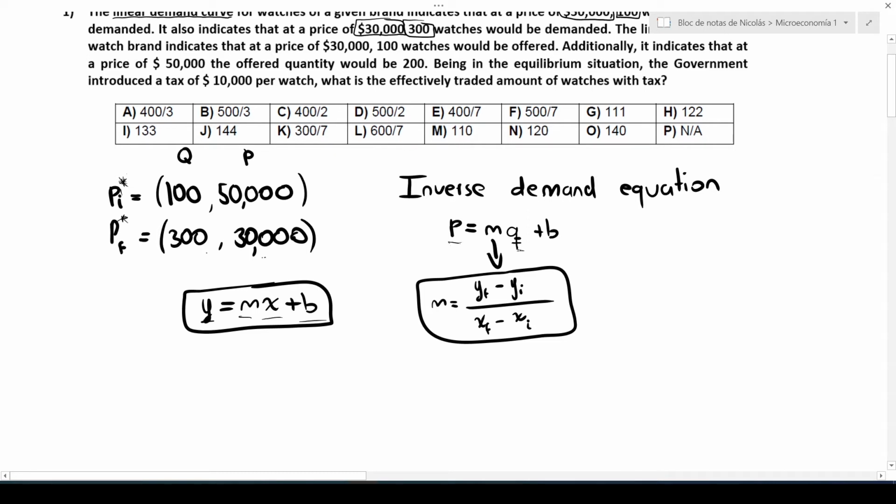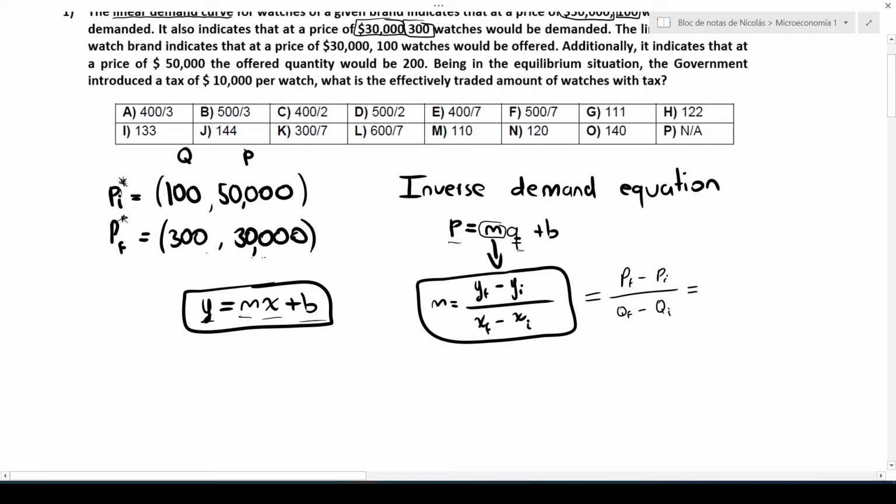And having those 2 points will allow us to find the slope of the curve. The slope is equal to y final minus y initial over x final minus x initial, which we can translate to final price minus initial price over final quantity minus initial quantity. We replace those values.